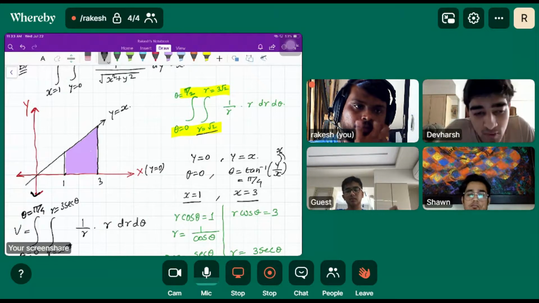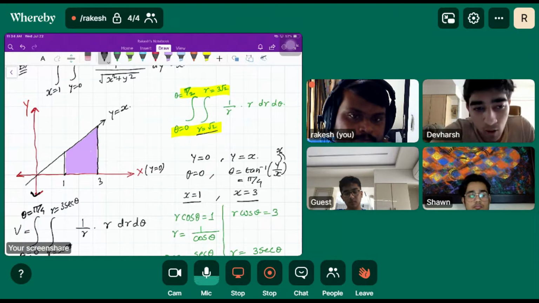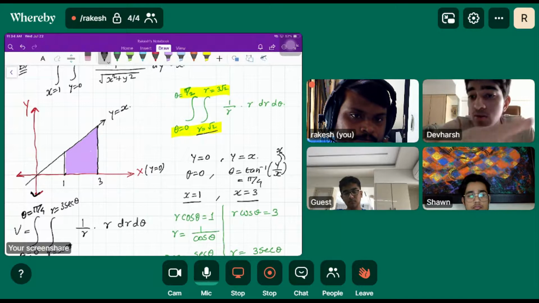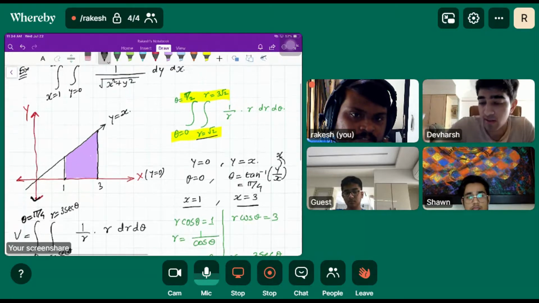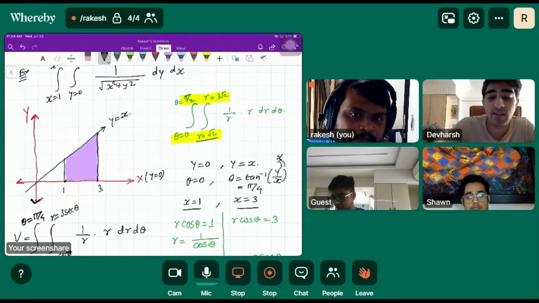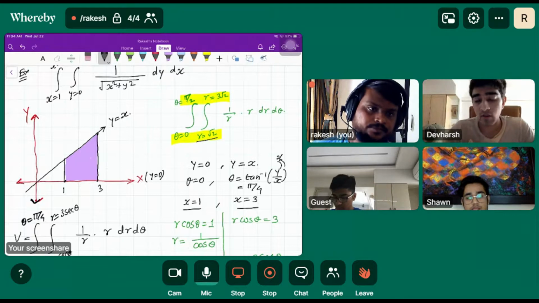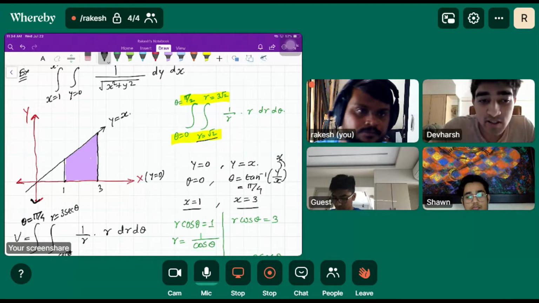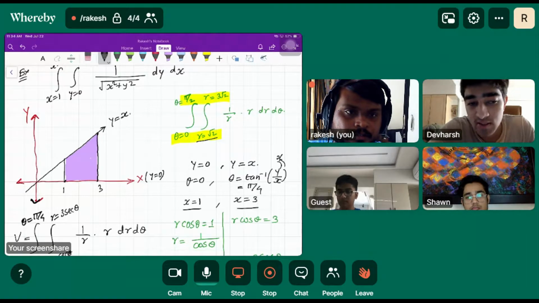What I did is I took the hypotenuse of the triangle, and I took them as circles, like the area between two circles, which is not correct because it'll be circular then, but these are straight lines, like a trapezium. I drew the right region, but I thought I could do them as two concentric circles.